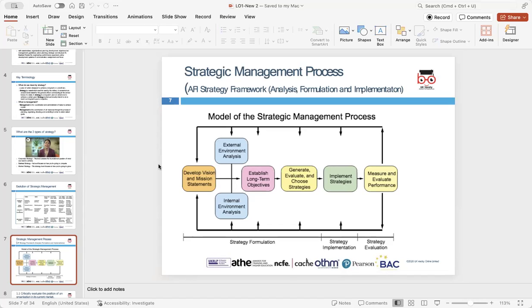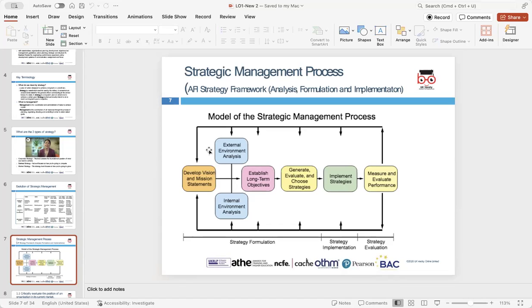It also includes understanding stakeholder expectations and the cultural and political context within which the organization operates. Second is formulation. During this stage, strategies are developed based on the analysis. This includes setting goals, identifying strategic options, and determining the best course of action to achieve the organization's objectives.